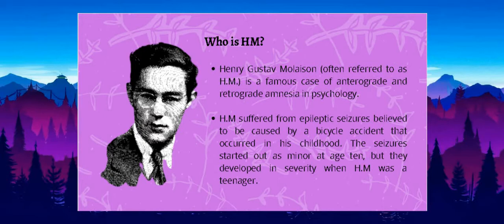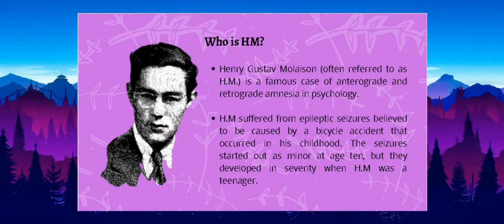The case of HM and his lifelong participation in studies gave researchers valuable insights into how memory functions and is organized in the brain. He is considered one of the most studied cases in medical and psychological history.